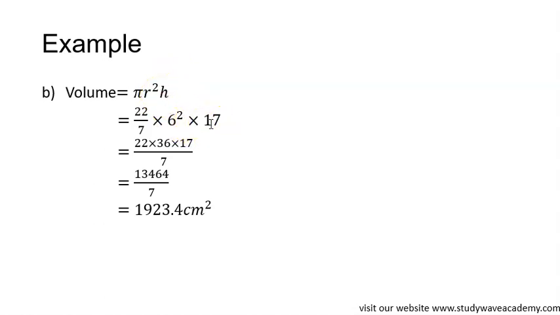So we simplify further. 6 times 6 is going to give you 36. Remember, it's not 6 times 2, it's 6 times 6, so it will give you 36. So 22 times 36 times 17 over 7. 22 times 36 times 17 is going to give you 13,464 over 7.